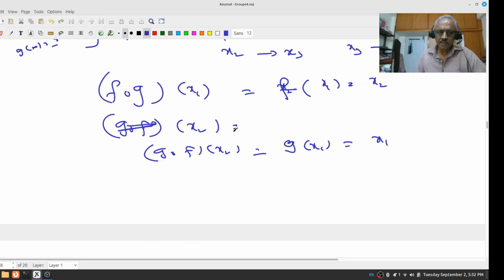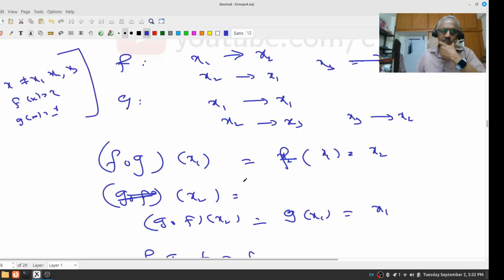Therefore, f composite g is not equal to g composite f. Remember, when two functions are not equal, if I can find one element in the domain such that the values of these two functions at that point are different, that's what you got. At the point x1, we found it is different.